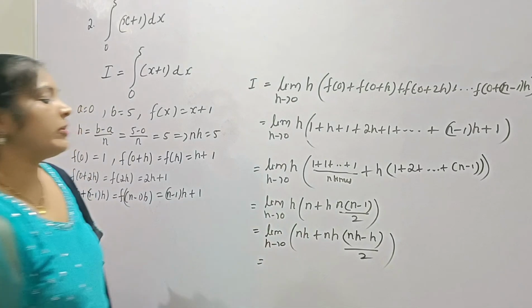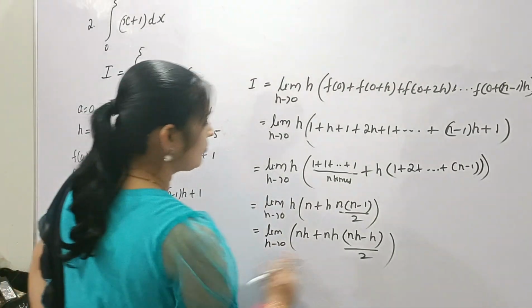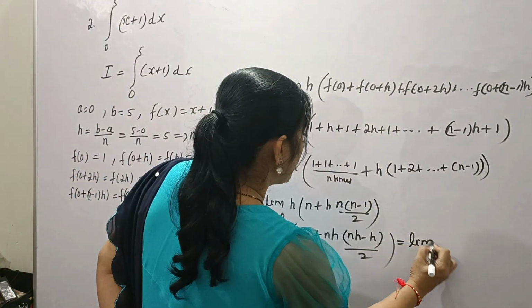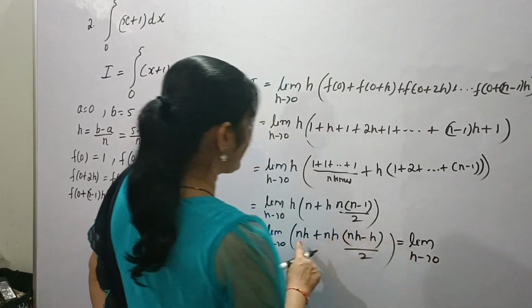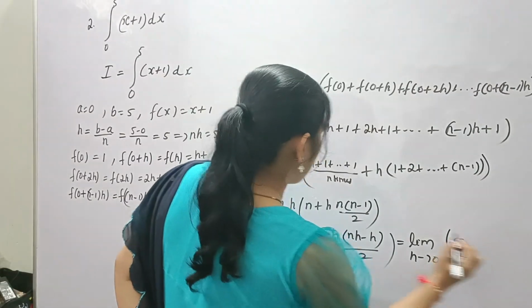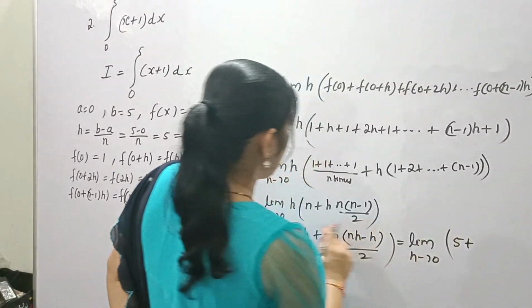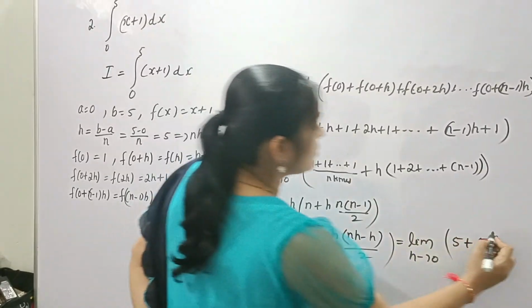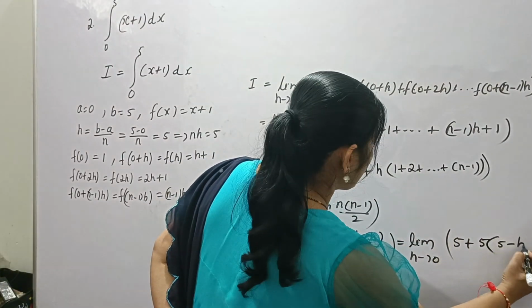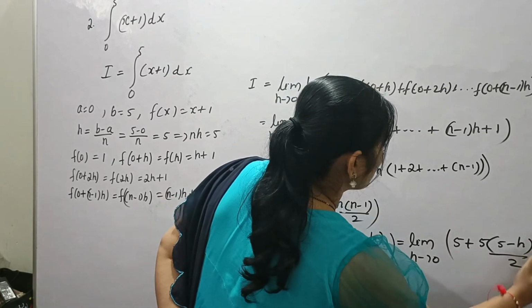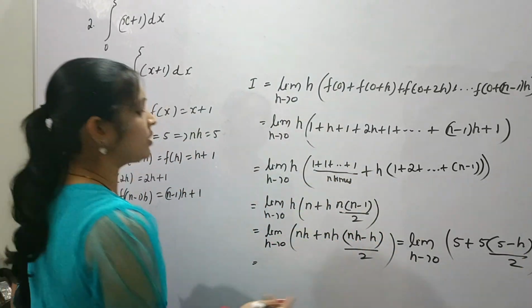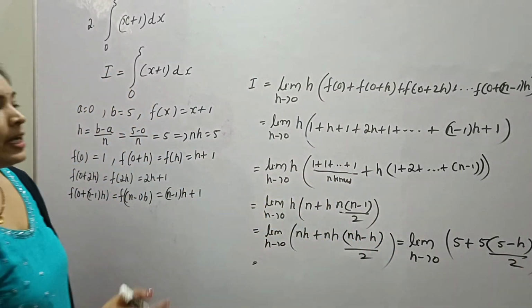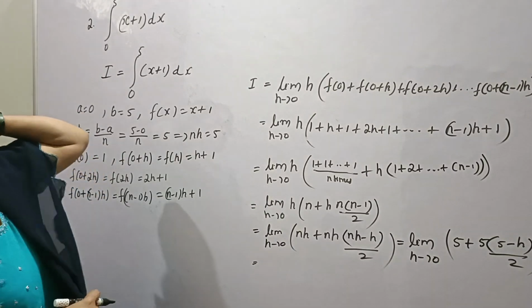Now let's substitute the value of nh, that is equal to limit h tends to 0, 5 plus 5 into 5 minus h divided by 2. Now let's apply the limit, that means substitute h is equal to 0.